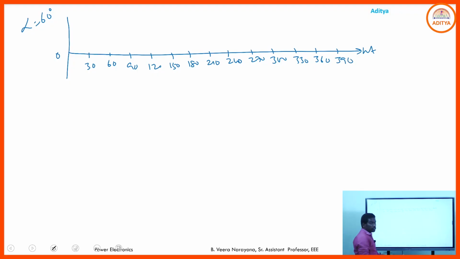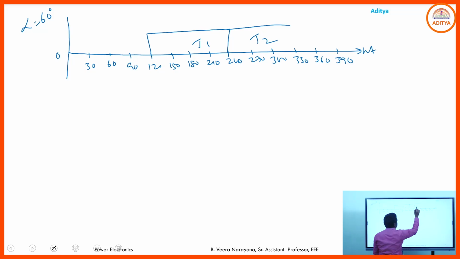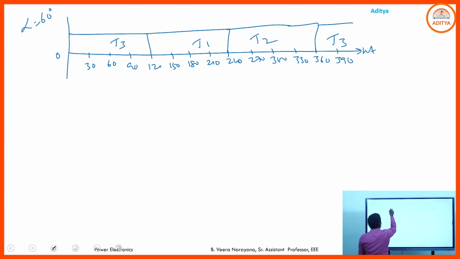If you choose alpha equal to 60, where does T1 come to the on state? Plus 60: 120 to 240, T1, 240 to 360, T2, and T3.